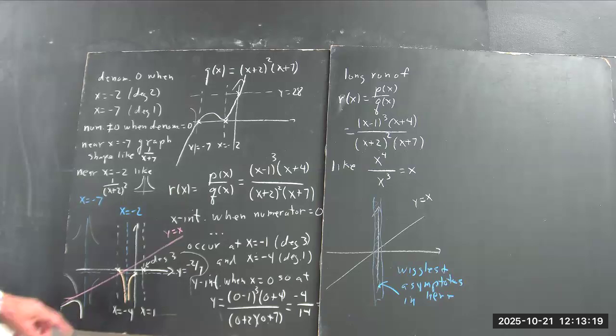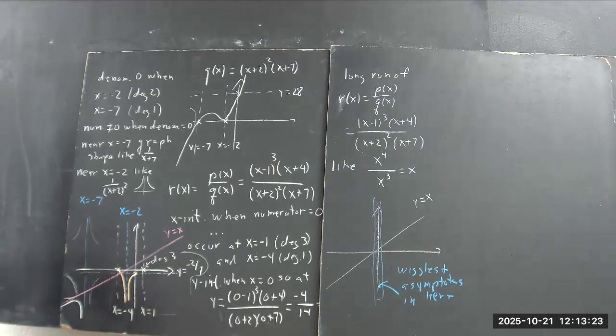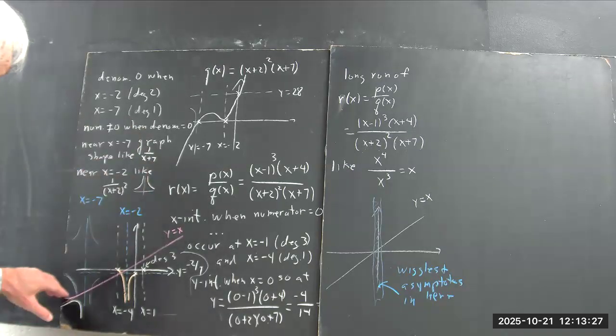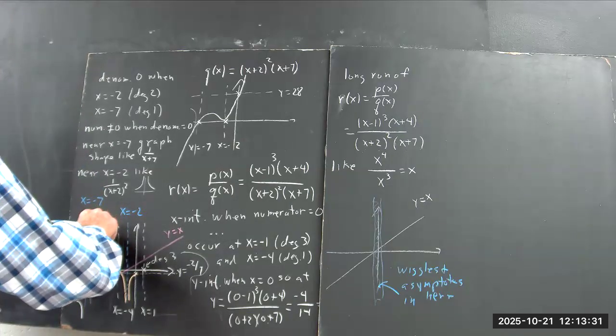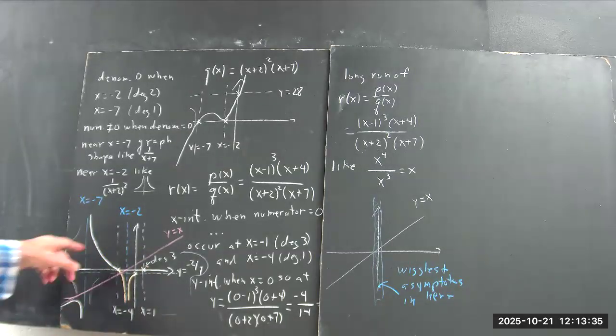It's going to be like this down here, which means, remember, it's like a reciprocal function. Reciprocal function is down on one side, up on the other side. So on this side, it's going to be up here. It's going to come down here through this zero and join up nicely to make this asymptote. Okay?